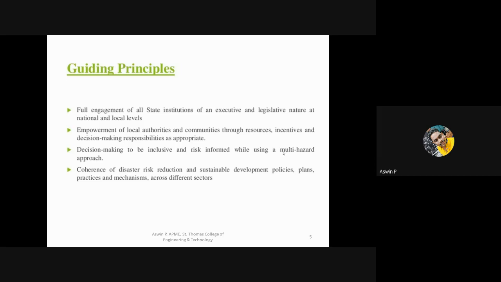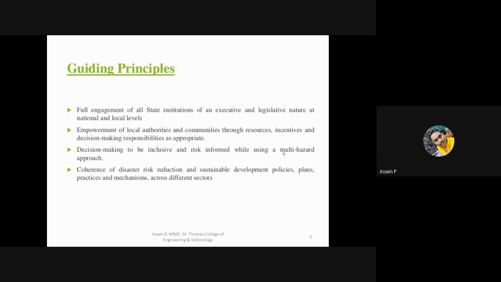We have already mentioned four points in the previous slide, and now including all these four, the total guiding principles become eight, and the eighth point is coherence of disaster risk reduction and sustainable development policies, plans, practice, and mechanisms across different sectors.